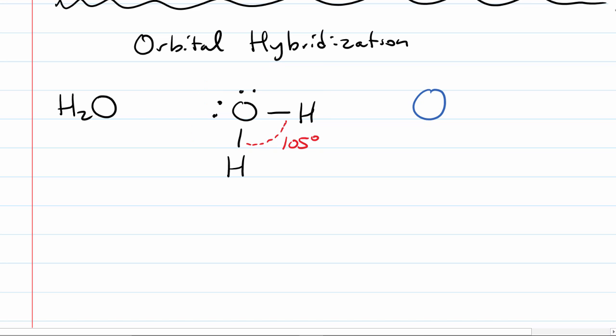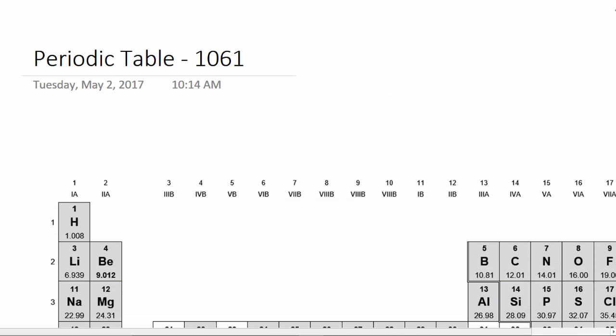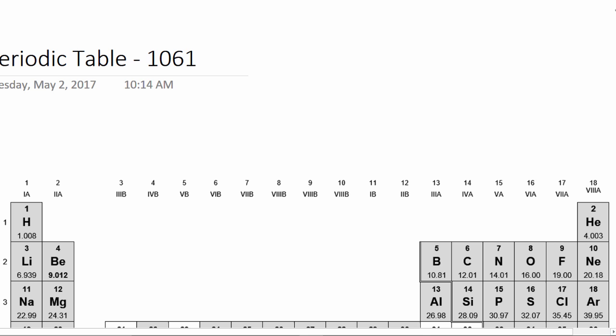So we're going to start by looking at the electron configuration for oxygen. We're going to look at an oxygen atom and say, what is its configuration? I know this is a review, but let's see if we can do that here for oxygen.